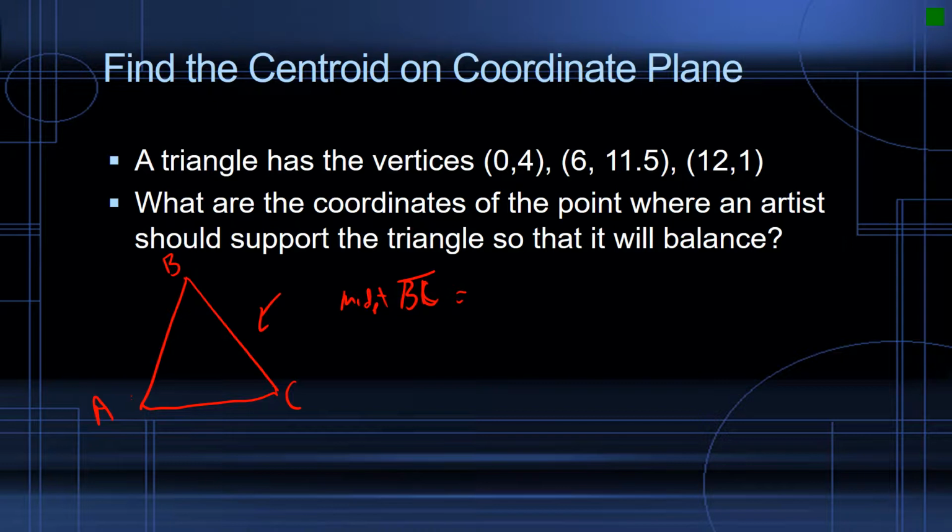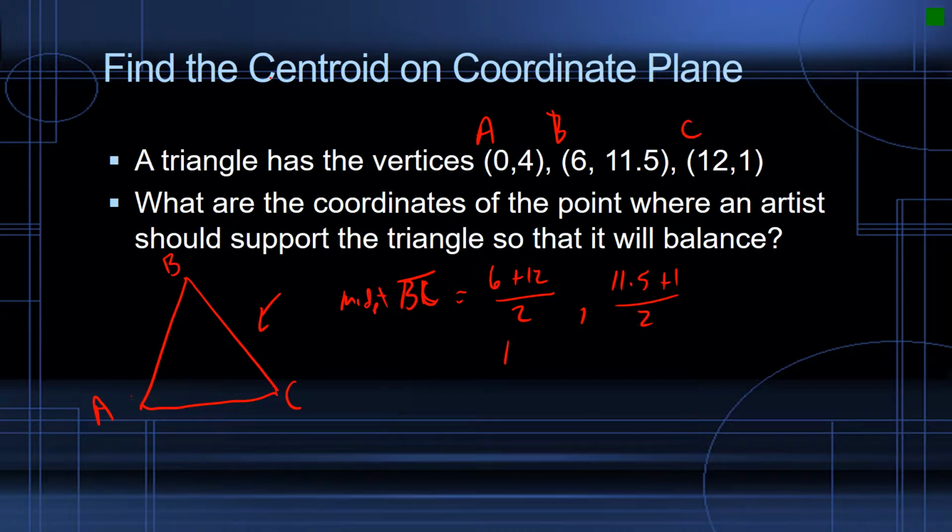So in this case, BC, and let's say this is A, this is B, this is C. I would take (6 plus 12) over 2, comma, (11.5 plus 1) over 2.